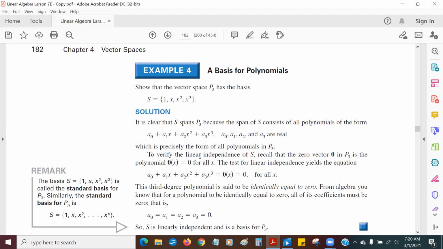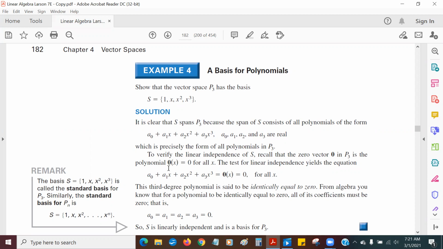Now, to verify the linear independence, that's also going to be pretty easy. First of all, we know that the 0 vector is part of P3. And the polynomial 0 of x is just equal to the scalar 0 for all values of x. Notice that that's a bold 0, and that's a non-bold 0.